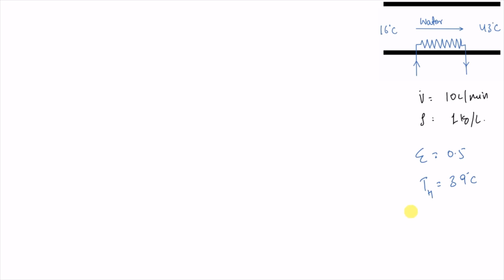So first of all, we'll be calculating the amount of energy saved. This is the B part. Amount of energy saved, we have effectiveness times Q maximum. The formula for Q maximum in this case is m dot C (T maximum minus T minimum).